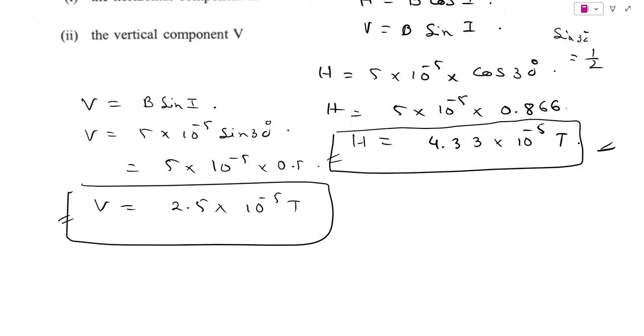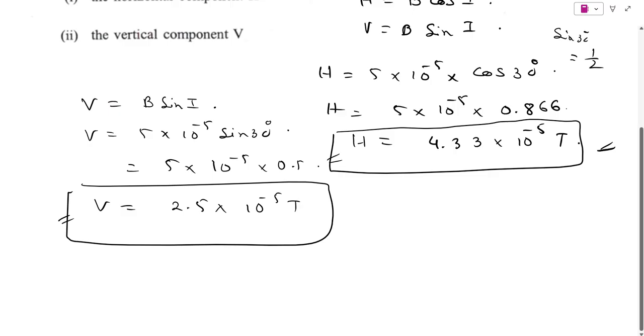Now let us understand why geophysicists are interested in these components. The horizontal component controls the direction in which the magnetic compass points, and navigation systems and field surveys depend on this component.